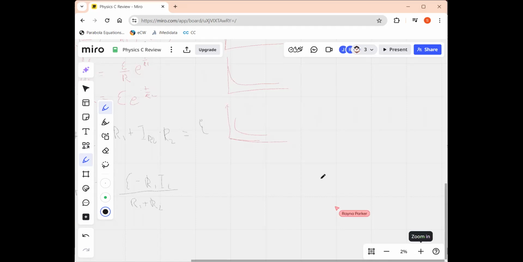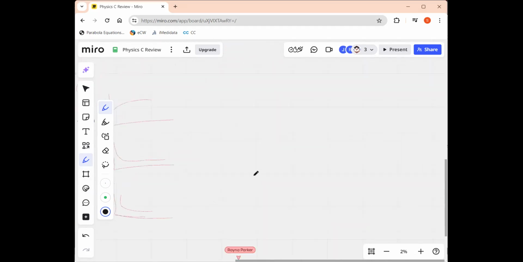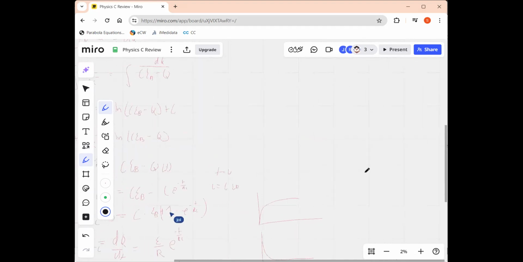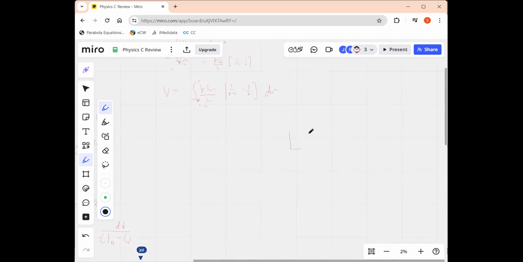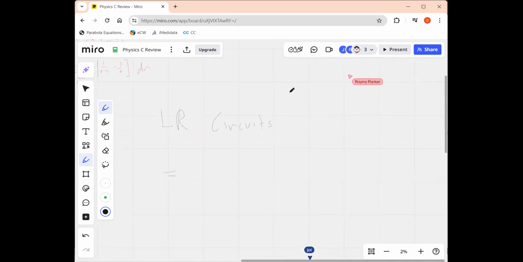Okay, so next differential equation, what does chat want to do? LR circuits. So after this is going to be Biot-Savart's law, and then I think you guys should all know Gauss's law already, correct?